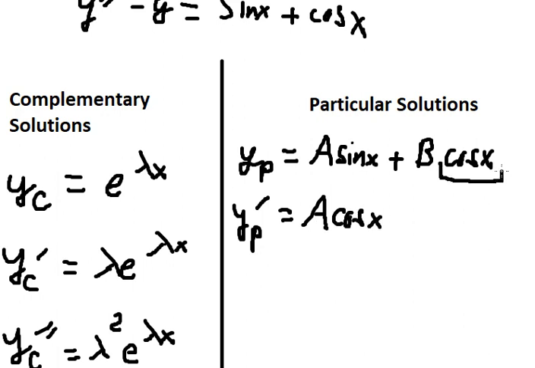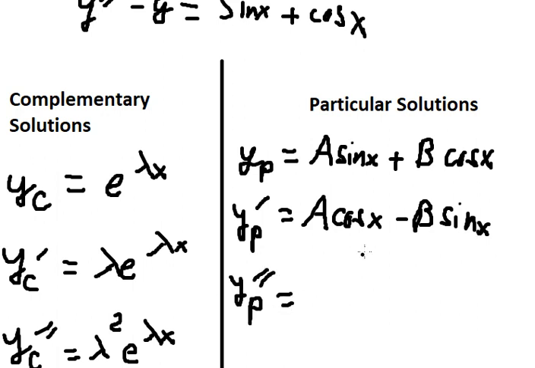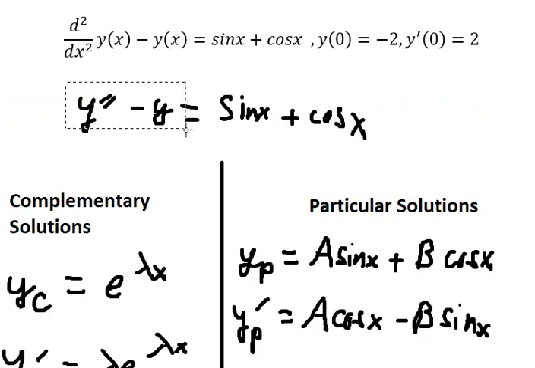This one is negative sin x. Now we go to the second derivative of yb. This one we have negative sin x. This one is positive cosine x. So we have this one.